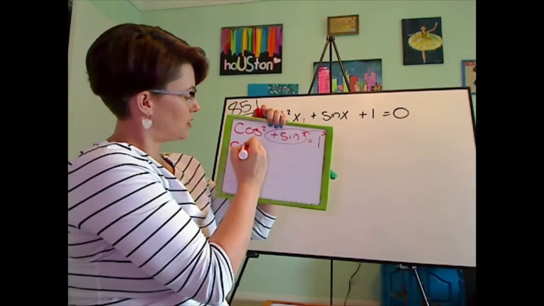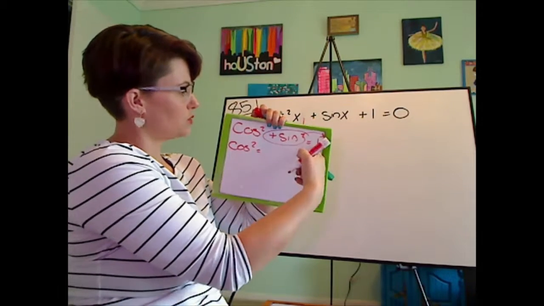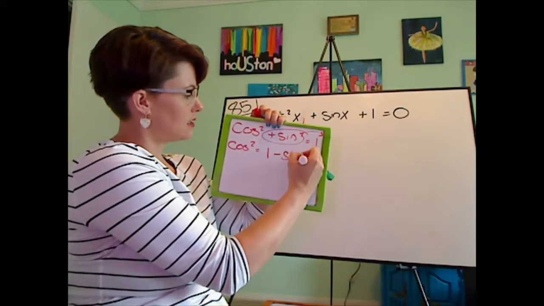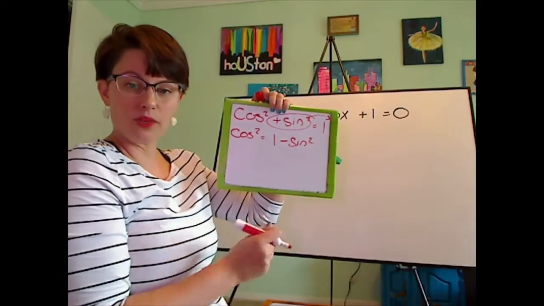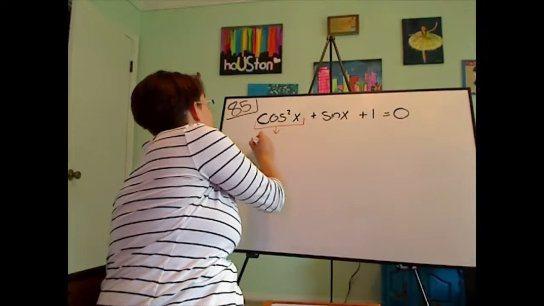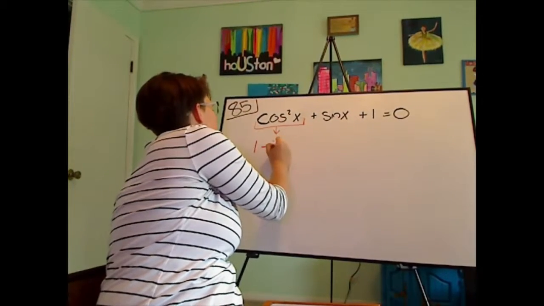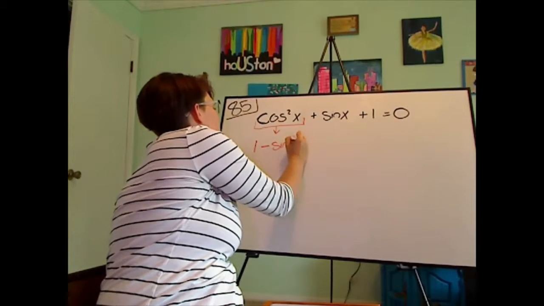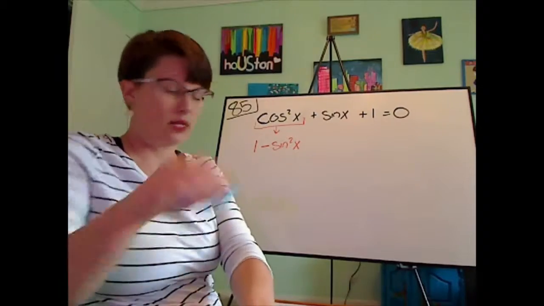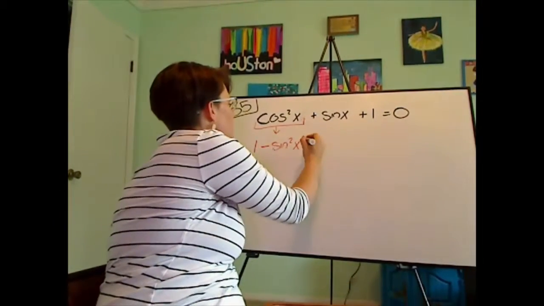So we get cosine squared equals 1 minus sine squared. So we are going to change this to be 1 minus sine squared. Okay, then copy down the rest of the problem.